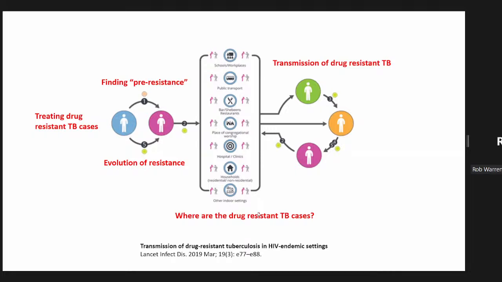Where are these resistant cases by using the fingerprints, if we want to call them, or the sequences of resistant isolates, and then mapping them onto maps and understanding where hotspots of transmission may be occurring?